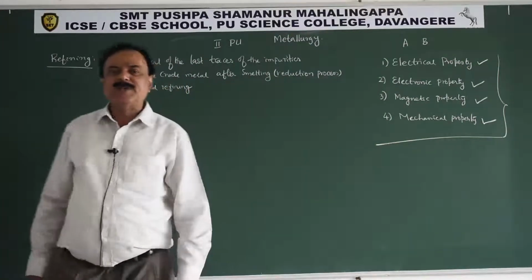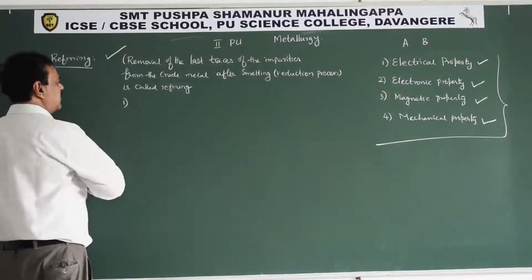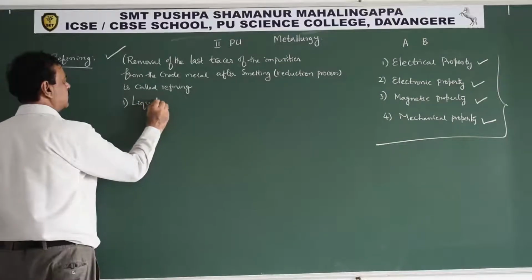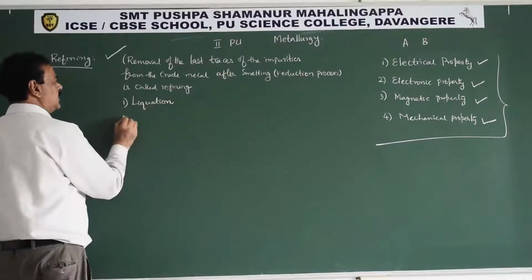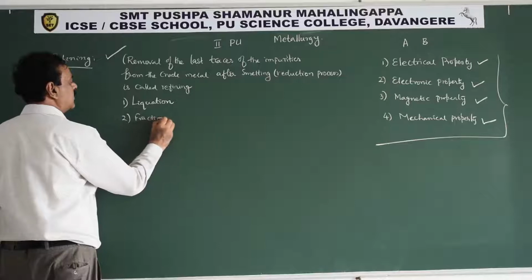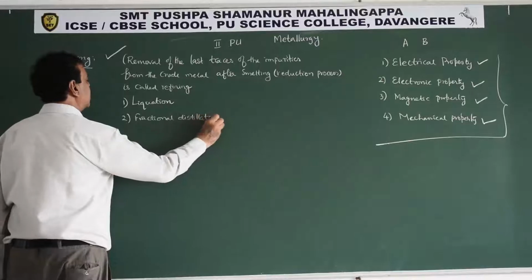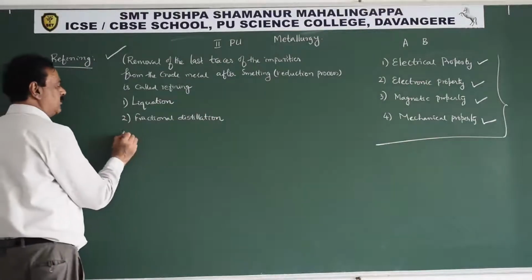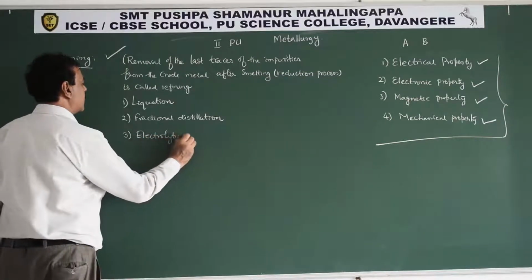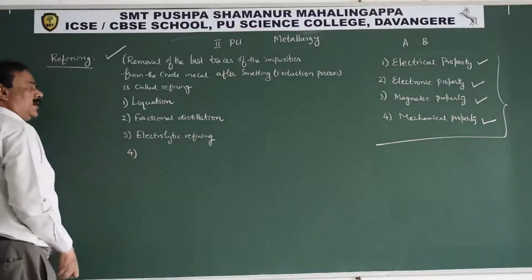Depending upon the nature of the metal or the nature of the impurities associated, the refining operations are classified into different classes. The first is the liquation process. The second is distillation or fractional distillation. The third is electrolytic refining.